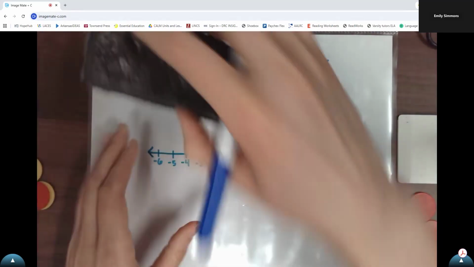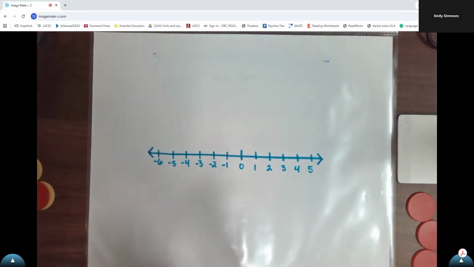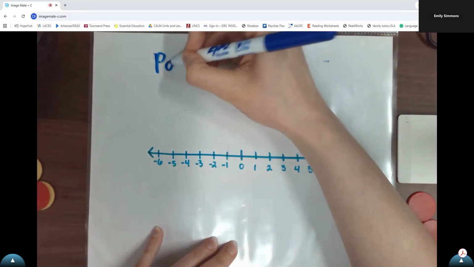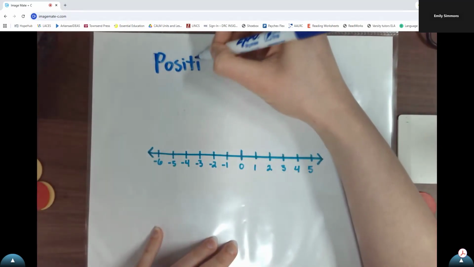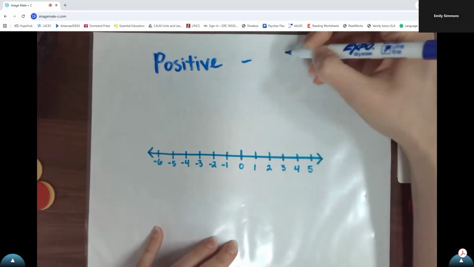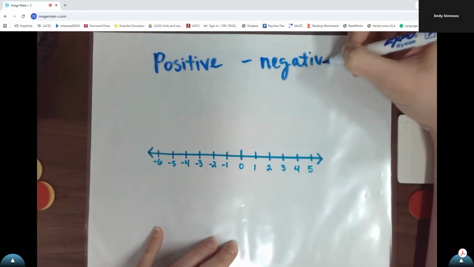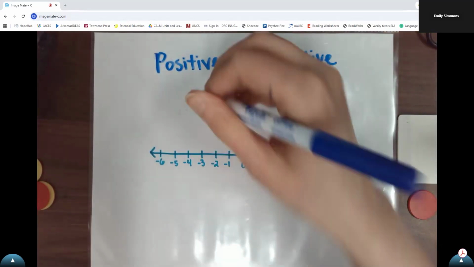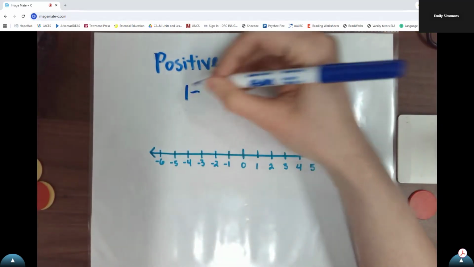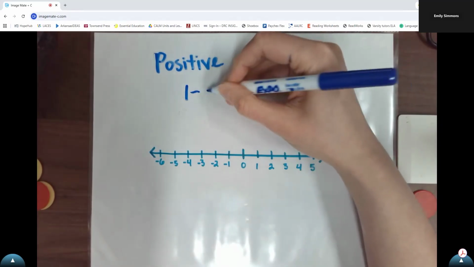We can also have a positive minus a negative. For example, 1 minus negative 4.